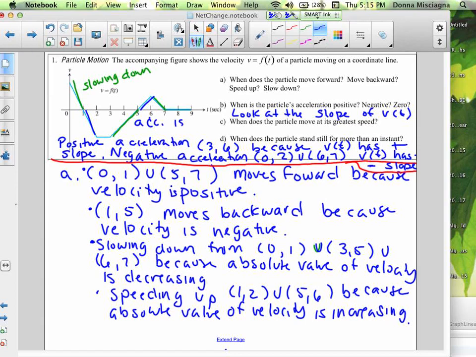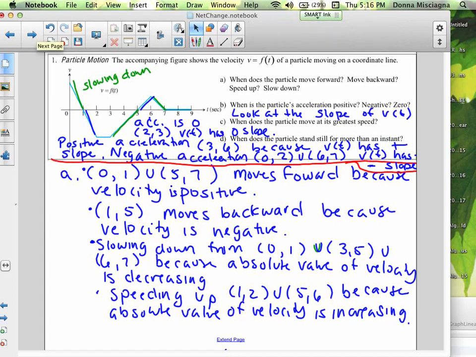Acceleration is 0 from 2 to 3, because v of t has 0 slope. There must be a better way to squeeze all this in. I think writing smaller initially would have helped. I can't even extend the page, or I won't be able to see the questions.